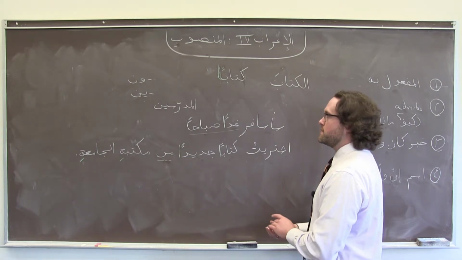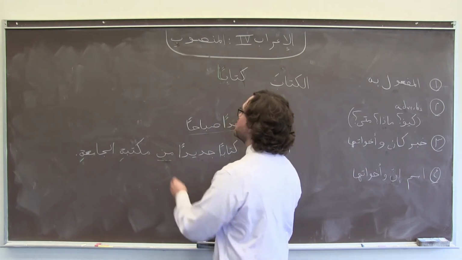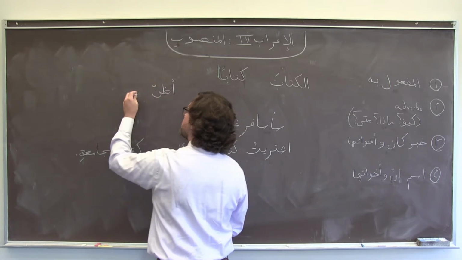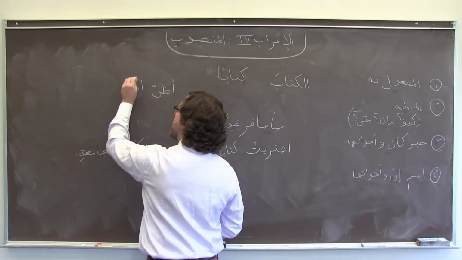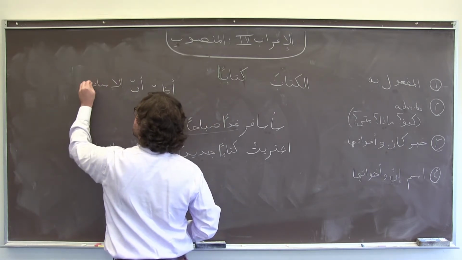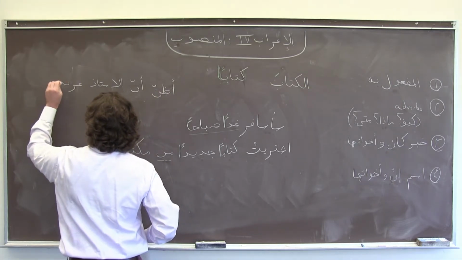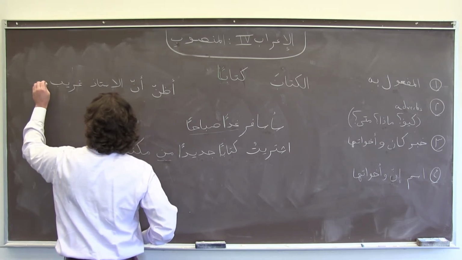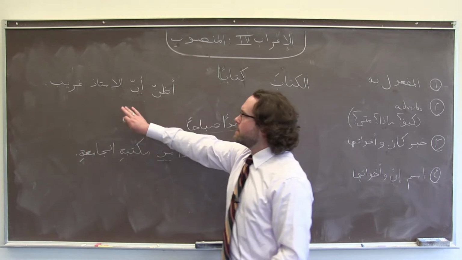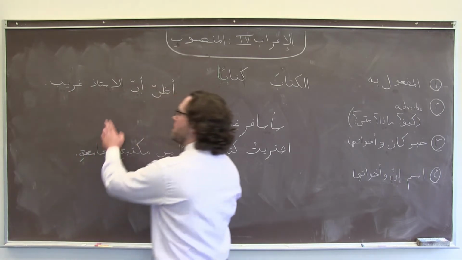Another example, if we wanted to say, I think that the teacher is strange, I could say أظن أن الأستاذ غريب. So here we have أن, and then اسم أن وخبر أن.